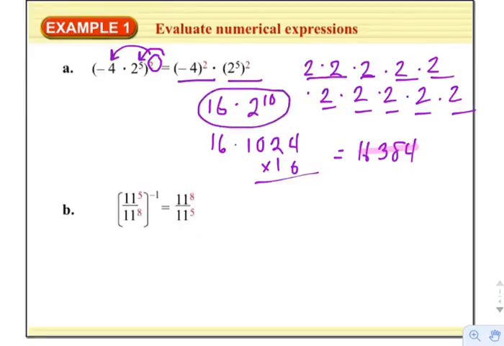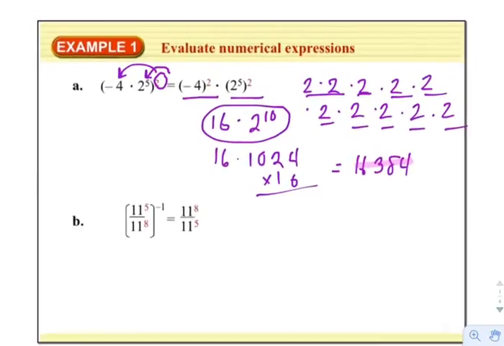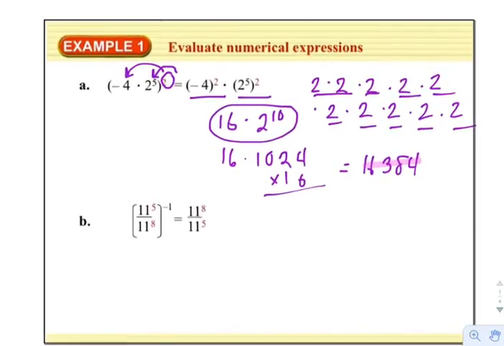The next example, 11 fifths over 11 eighths to the negative 1 power, tells us that that negative 1 is going to be applied to both the 5 and the 8. So there's an in-between step here that's not shown, and that's 11 to the negative 5 over 11 to the negative 8. And that's because 5 times negative 1 is negative 5, 8 times negative 1 is negative 8.